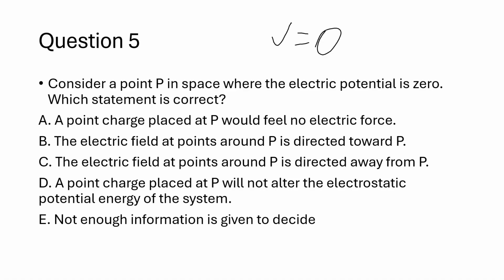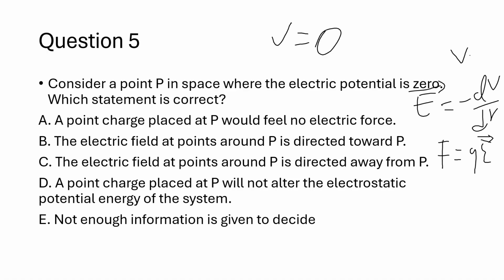Because we know that electric field is equal to negative dV/dr. So if a point charge is placed at P, we know that the force exerted will be QE, right? Now, V being equal to 0 doesn't mean that E is necessarily equal to 0.